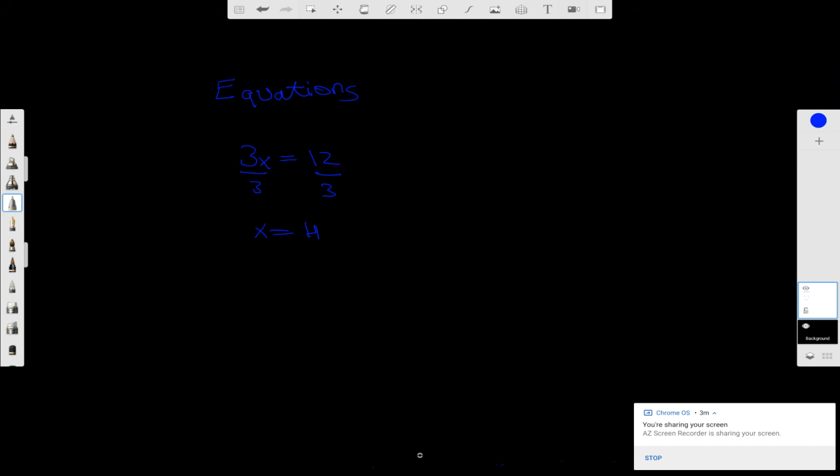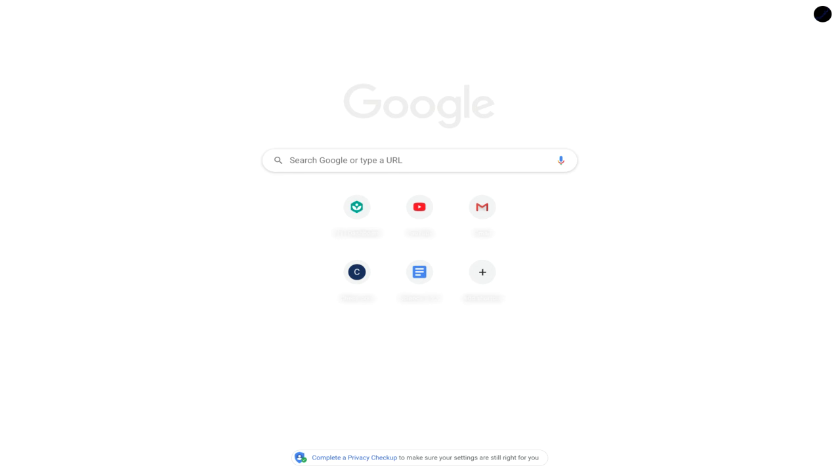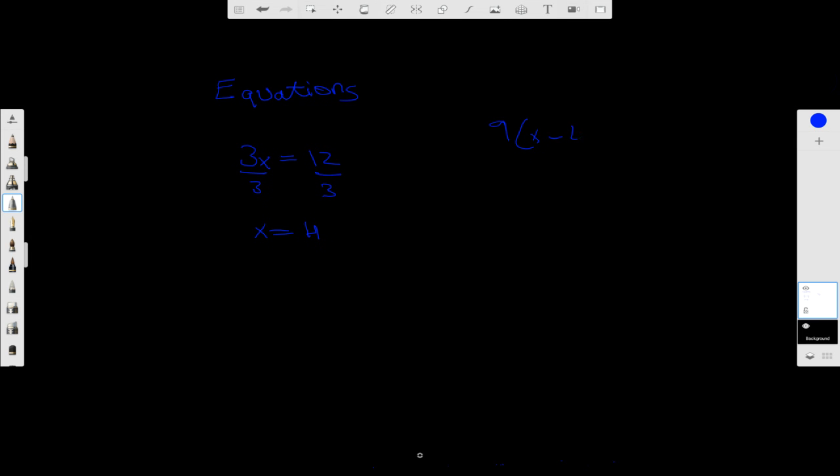Okay, so now I'm gonna give you some more examples, and they're gonna be a little more complicated. What we would call this is an equation. Now there are things called expressions. An expression would be, let's do -4.